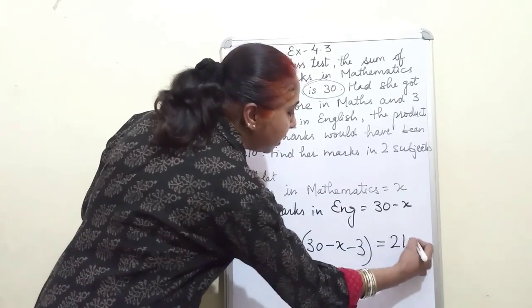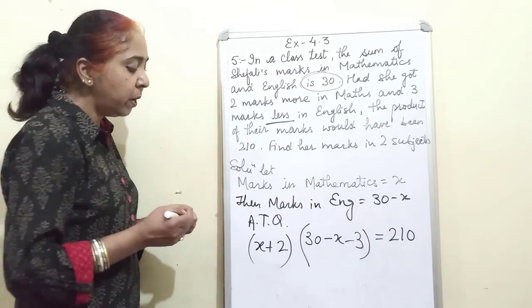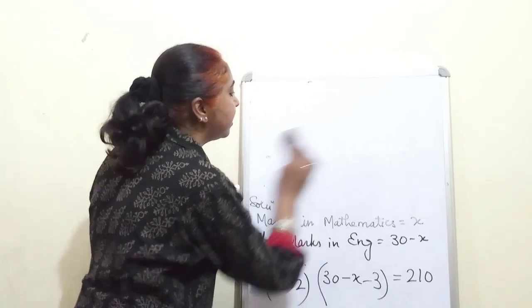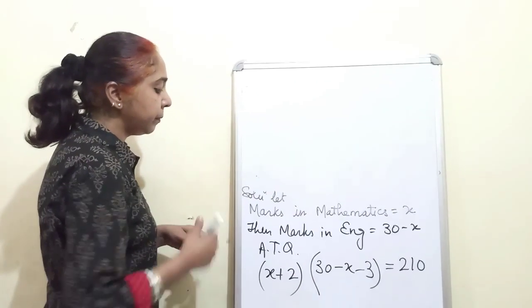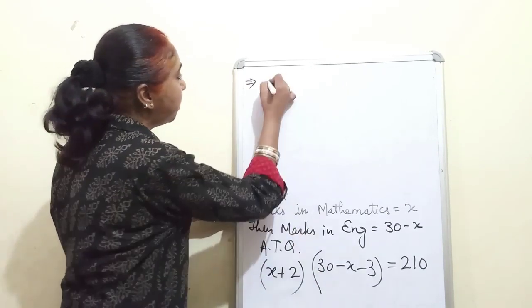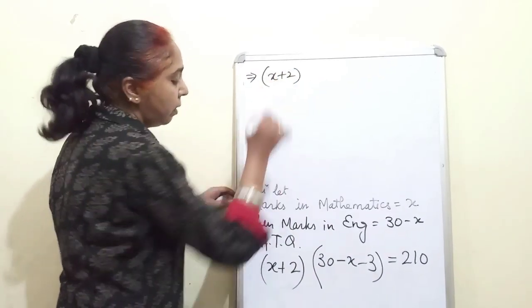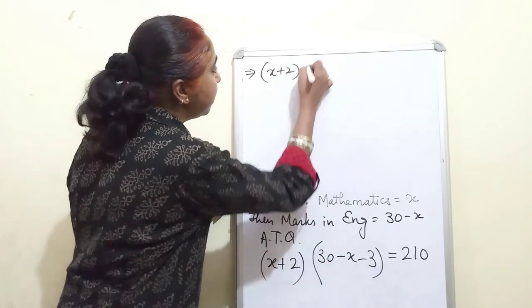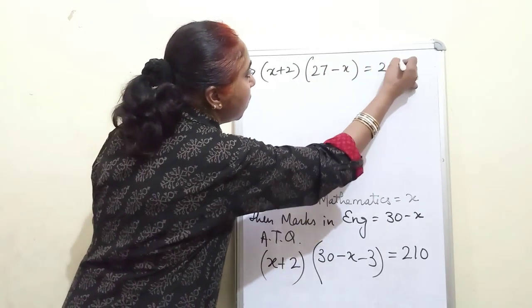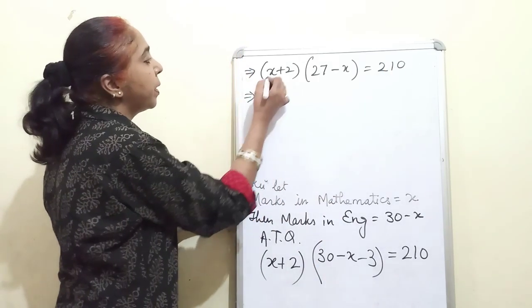So from here we'll get a quadratic equation and then we'll solve it. So what will be the quadratic equation? Let us see that. So first we have to solve it ahead. (x + 2) times (30 minus 3 means 27 minus x) is 210. Now open up the bracket.